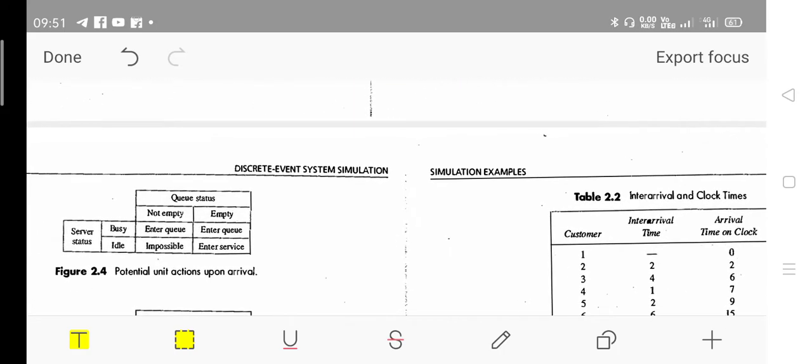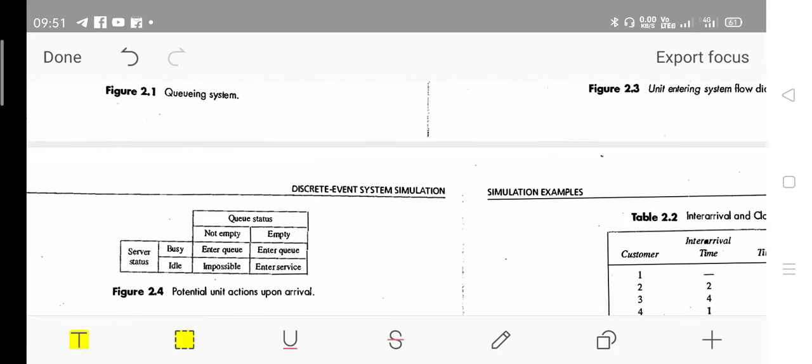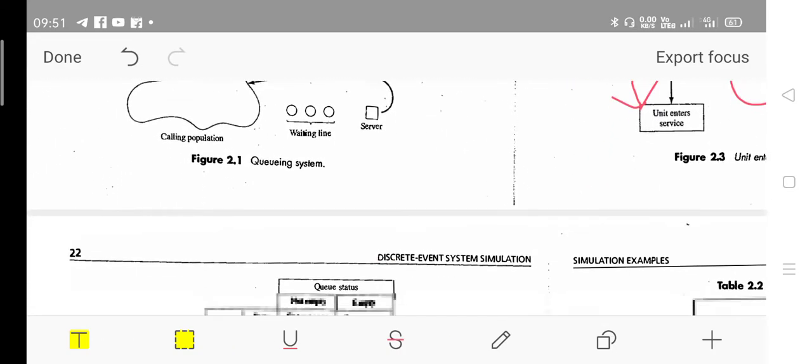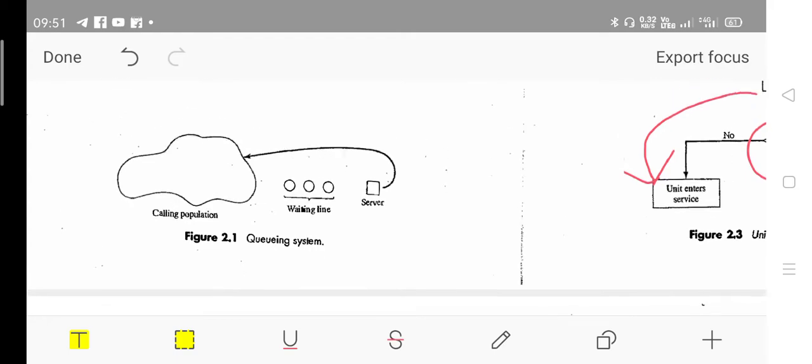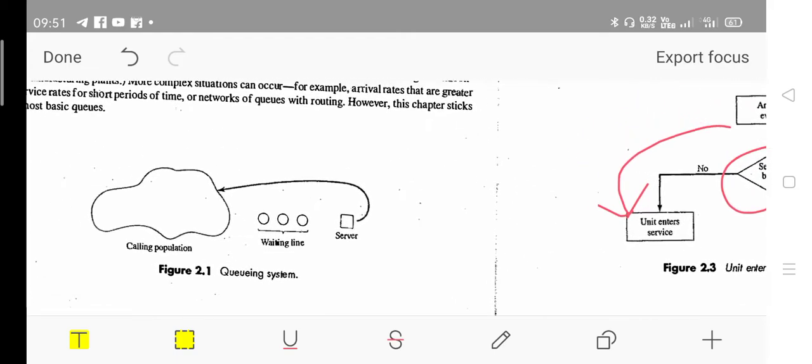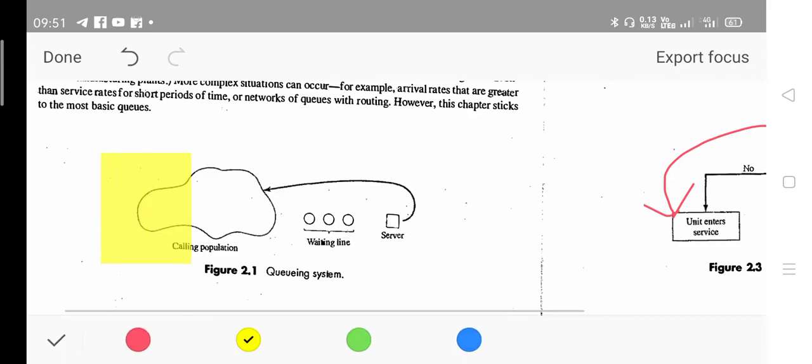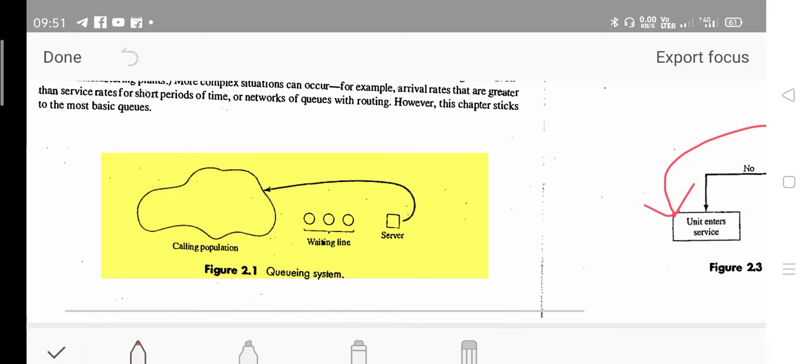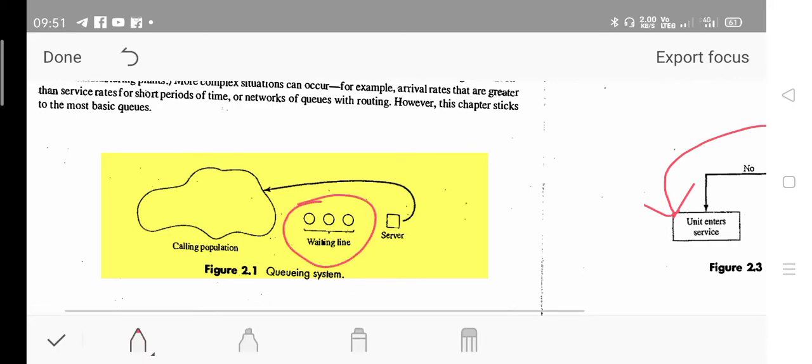These are the simple flowchart diagrams of the queuing system, a single server queuing system. You can go through this diagram also: waiting line and server. Assume in front of the counter of a bank cash counter, maximum 10 customers are allowed, and the rest of the people will be outside.